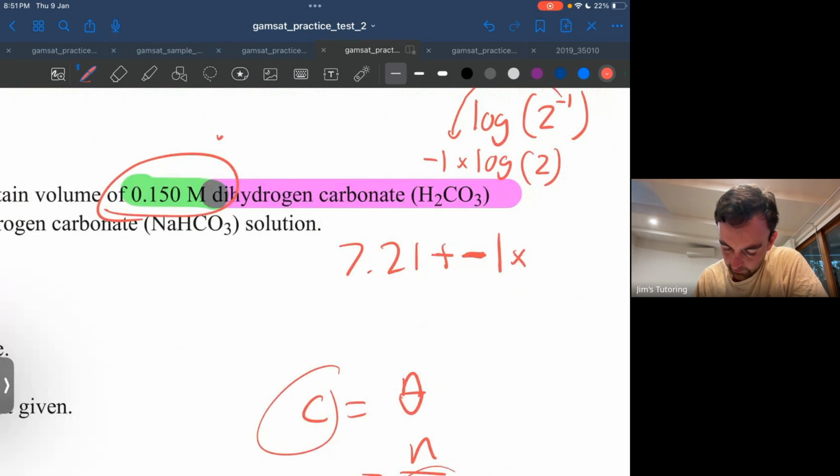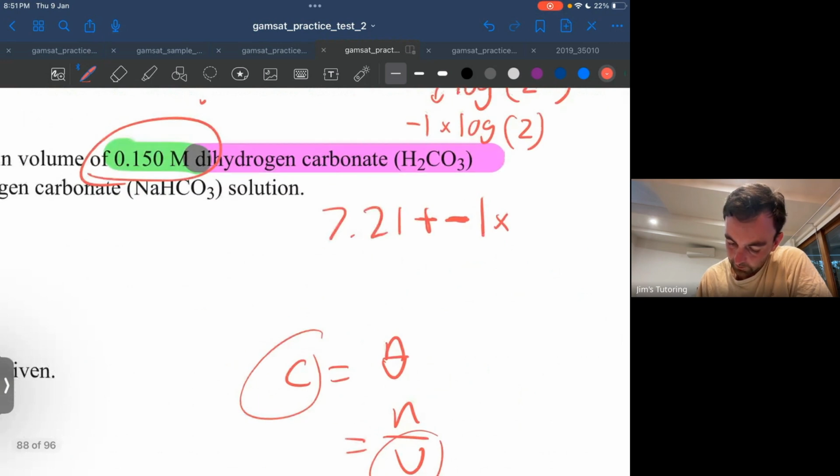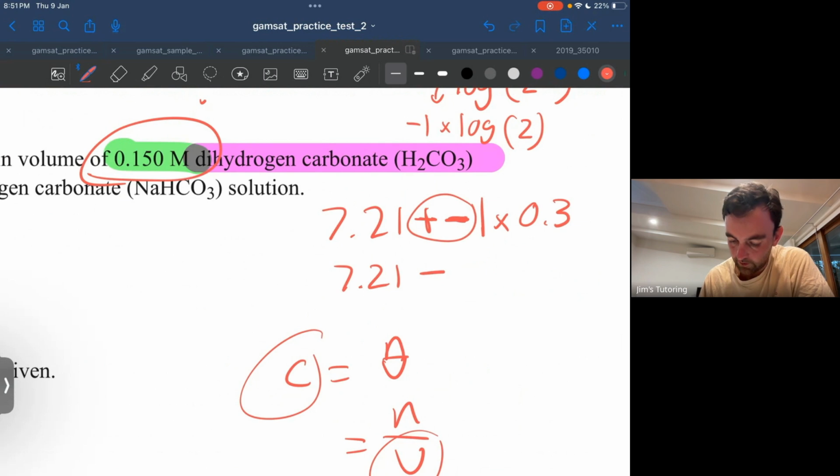Plus minus 1 times log 2, which we have the value for, which is 0.3. So these will become a minus. So 7.2 minus 1 times 0.3. So 6.91.